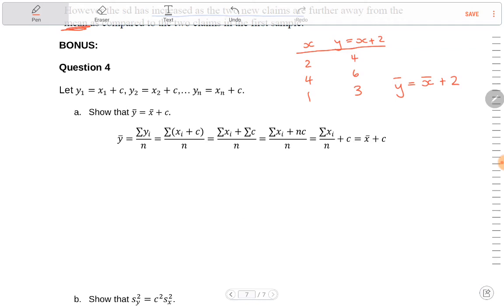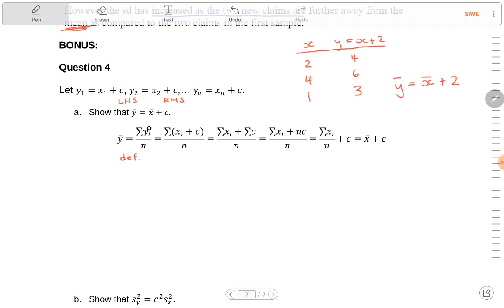The way you're going to do it is whenever you have something like this, you always start on the left-hand side and then try to show that it's equal to what's on the right-hand side. On the left-hand side, you have y bar, and you start with the definition. According to the definition, y bar is the sum of all the values of y divided by n, the number of observations.